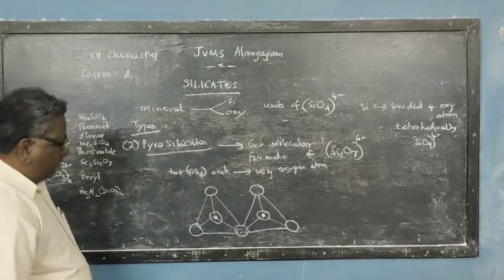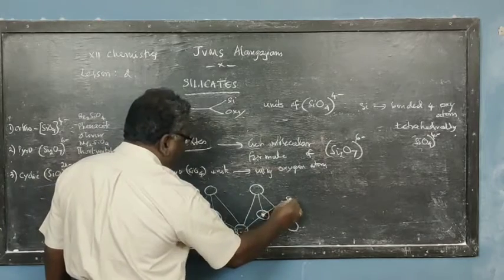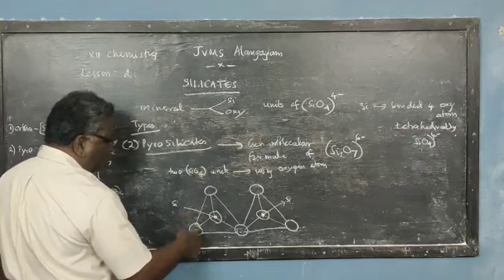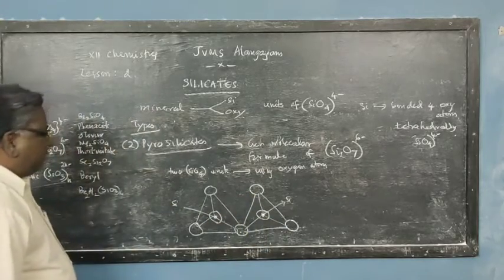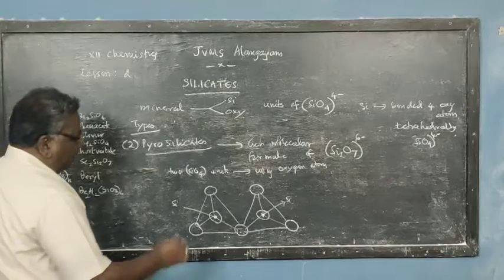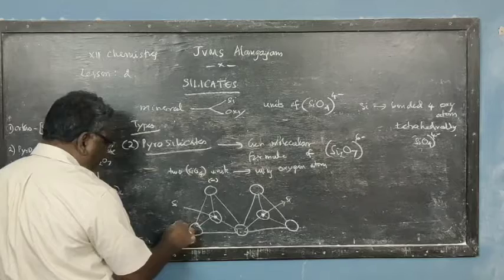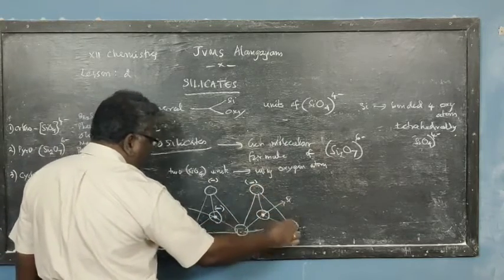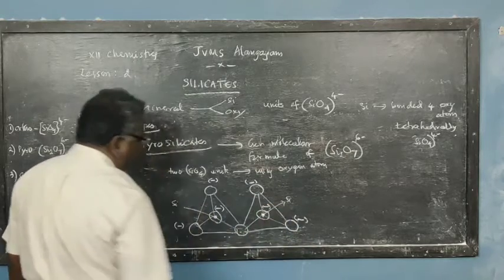right? So we got how many silicon atoms? 2 silicon atoms. One silicon here, another silicon here, and we have got 1, 2, 3, 4, 5, 6, 7 oxygen atoms. And how to put the charge? We can put the charge for this, minus charge for this, minus for this, minus for this, minus for this, minus for this, right?